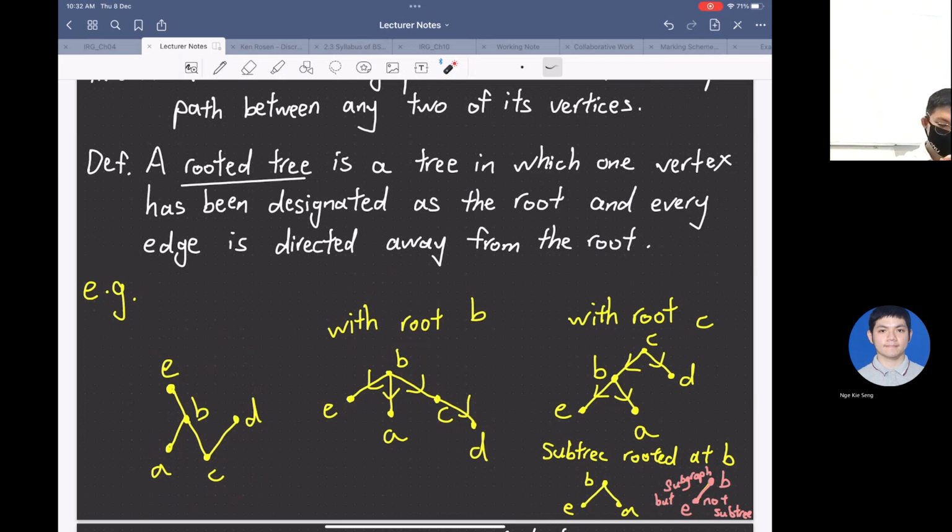For example, if you take C as a root, then you will see that E is the furthest vertex directed away from C. Following? This one is a subtree, so remove it first.